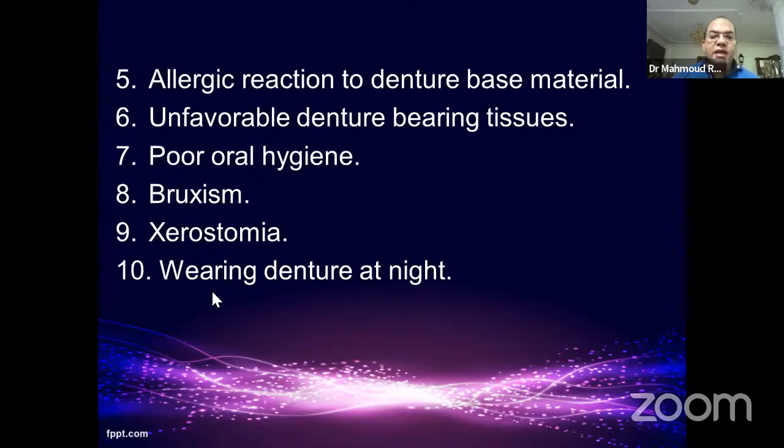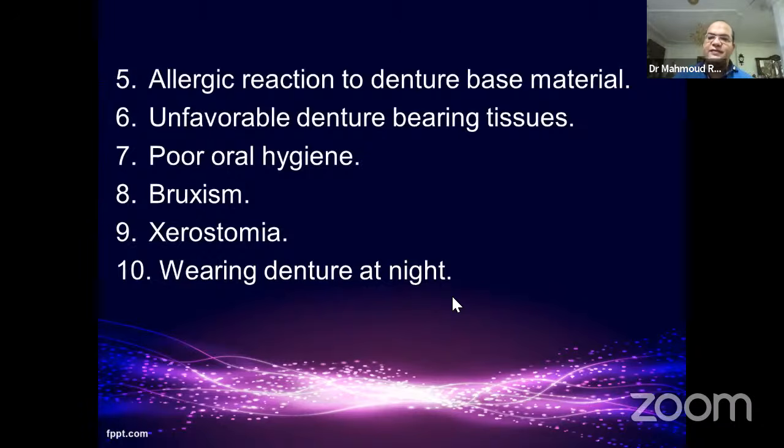Okay, the last one here: wearing the denture at night. As we said before, the patient must be instructed to wear the denture only during the day, and not to wear it during the night.